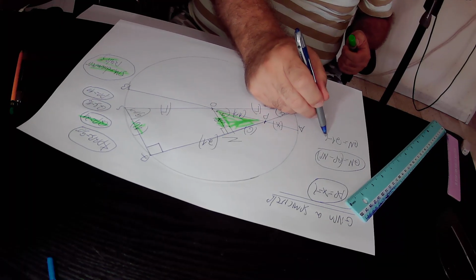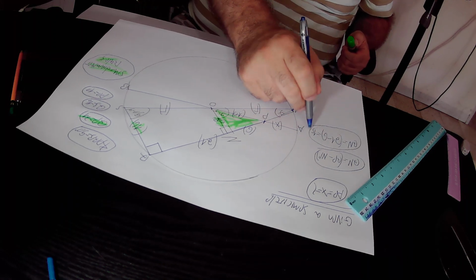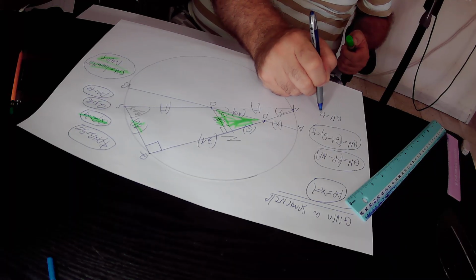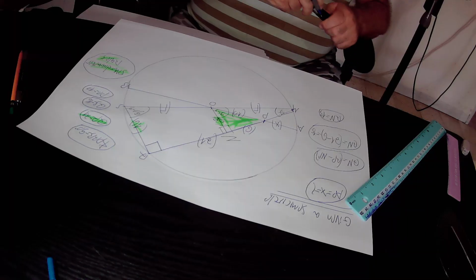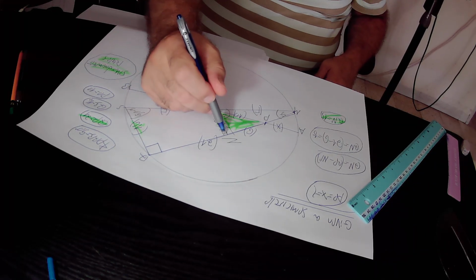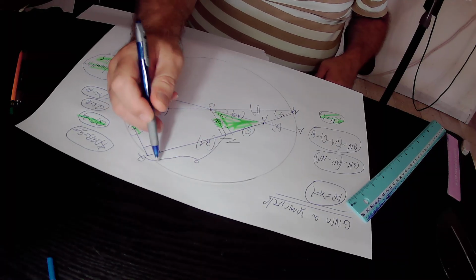So in total, QN equals 21 minus 6, that is 15. So we have found out that the missing side QN is equal to 15 units in its length. This is the missing side QN, that is equal to 15 units in its length.